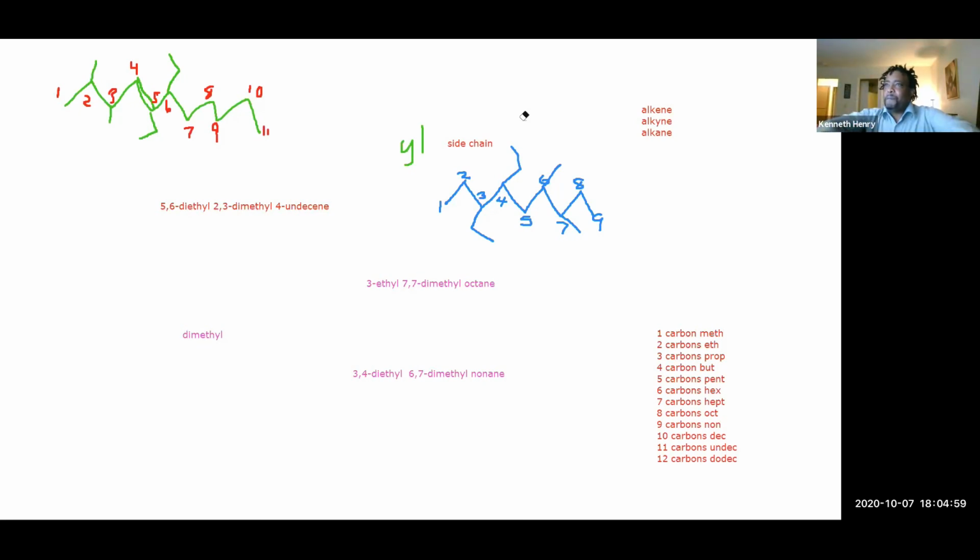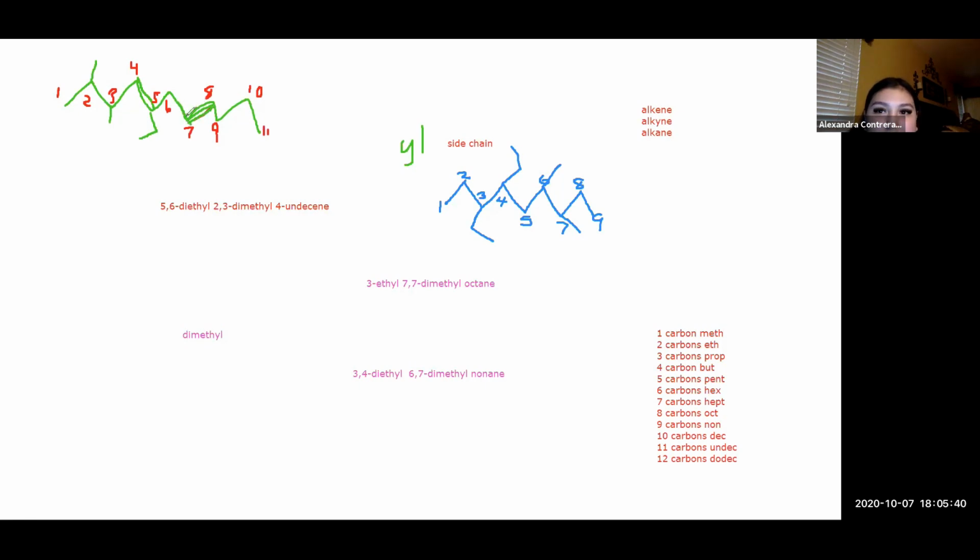Okay, so let's make it a little harder here. Triple bond. Could somebody clarify the alkane, alkene, and alkyne, like how the order works?